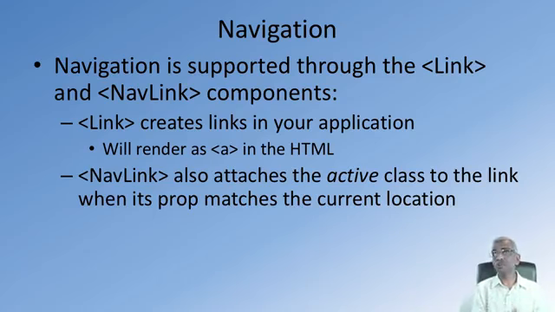Now, in Bootstrap, we had also learned about how to apply the active CSS class to a particular link in our navigation header to highlight that particular link to identify which page we are currently in. So the same kind of feature is supported by the nav link that is provided by React Router or the React Router DOM that we will use in our application.